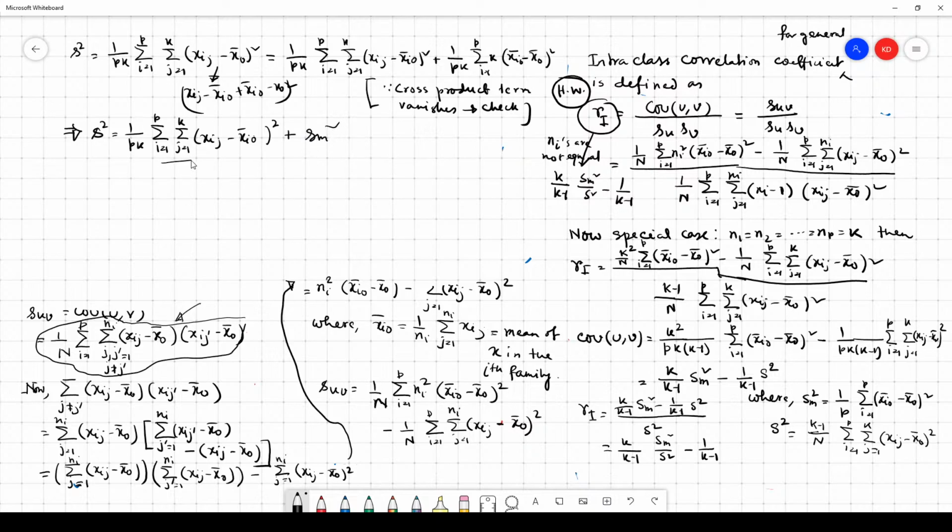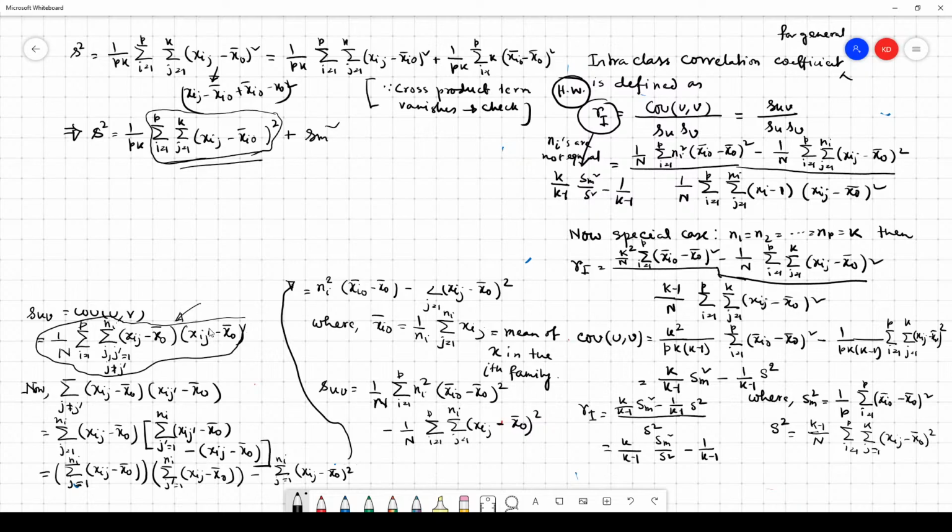And if you look at the expression, this is nothing but a sum of squares within groups, divided by pk.